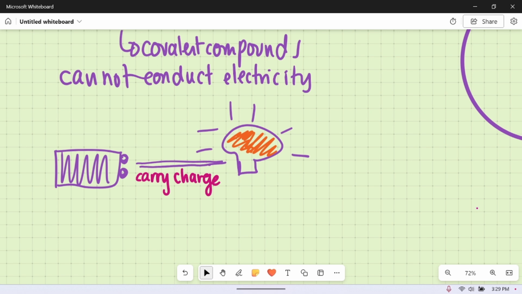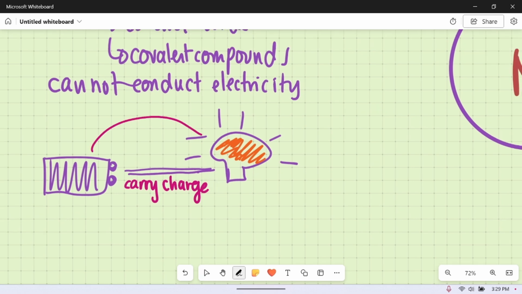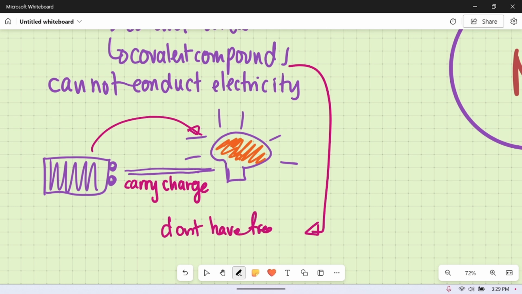And because these covalent compounds don't have any free ions to carry charge, they cannot conduct electricity. So whenever you're asked why covalent compounds can't conduct electricity, it's because they don't have any free ions to carry charge, and that makes them insulators.